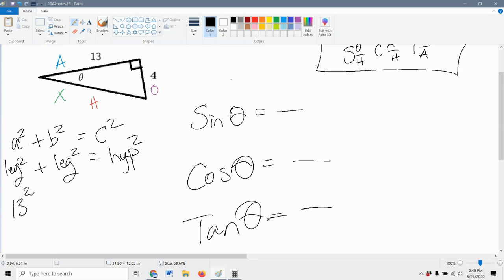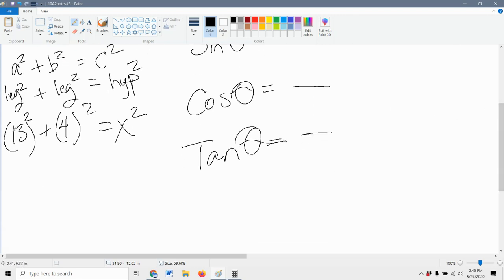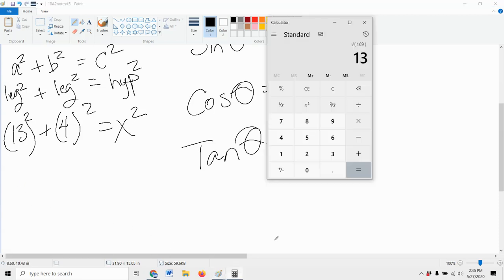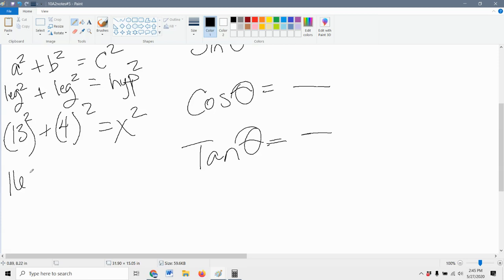13 squared is one of our legs. The other leg is 4, but in our formula, we're always squaring it. We're adding that to the 13 squared. X is the missing length on our hypotenuse, so everything is going to be equal to X squared. 13 squared, do it on your calculator, guys. It's going to be 169. Then 4 squared, of course, is 16.